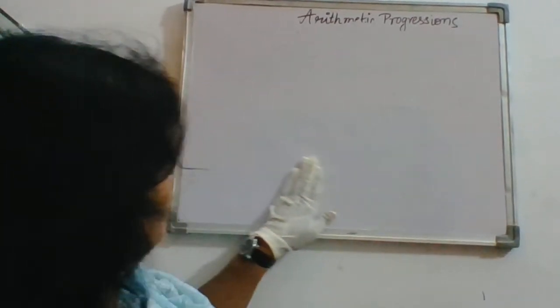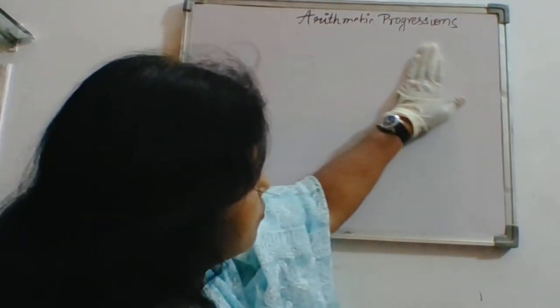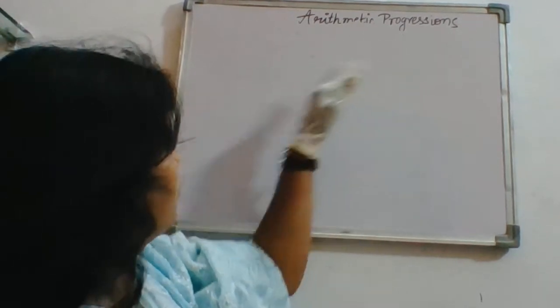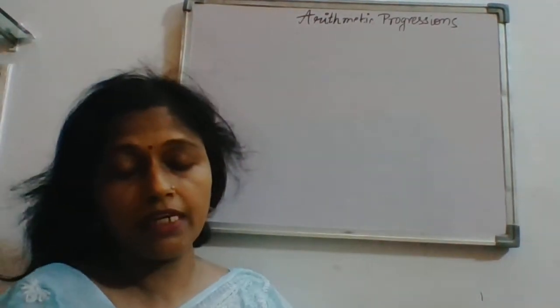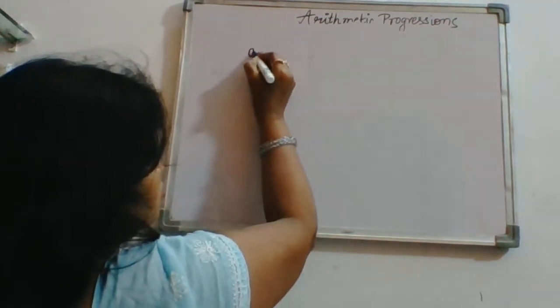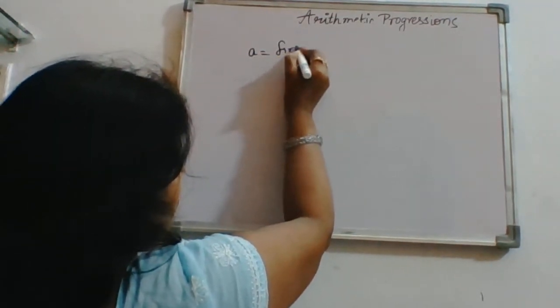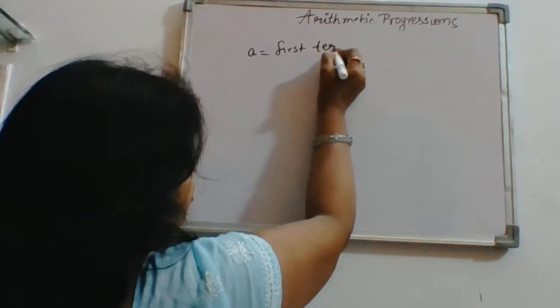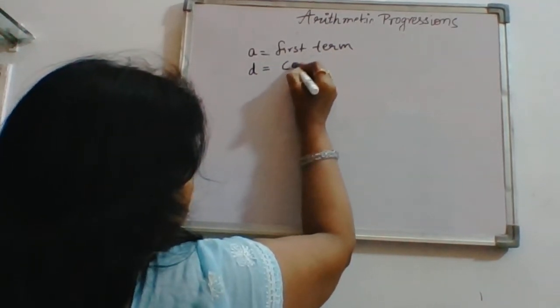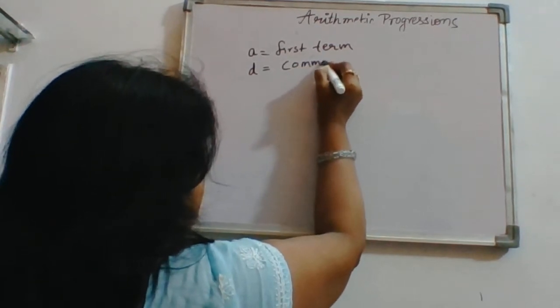Just leaving the first, if all the rest of the terms are obtained by adding a fixed number to it, that list of numbers will be in AP. Now here, suppose a is your first term, and d is your fixed number, which is denoted for common difference.